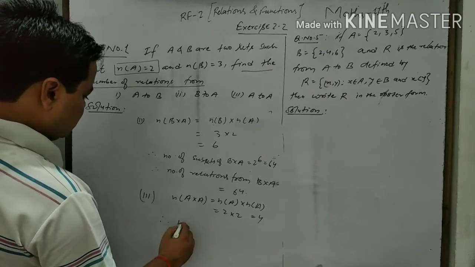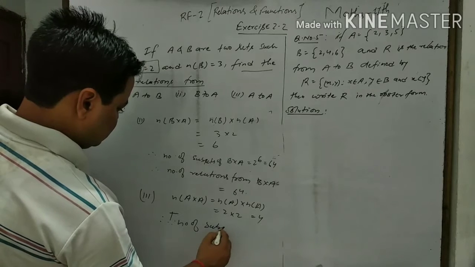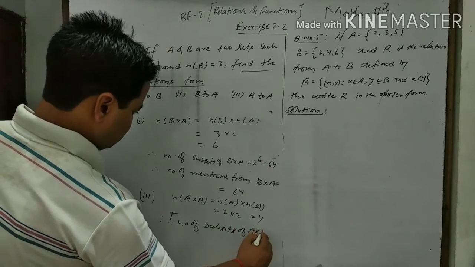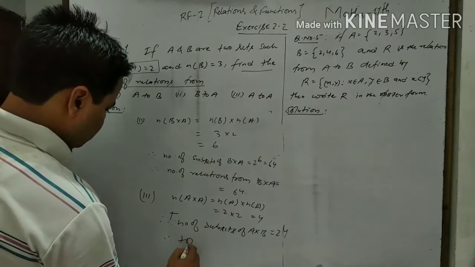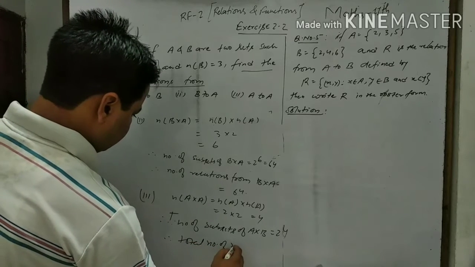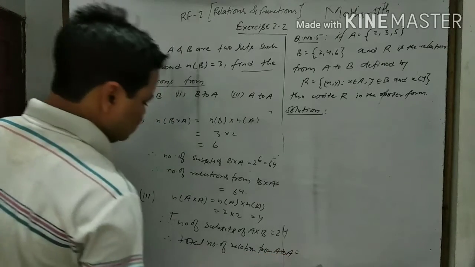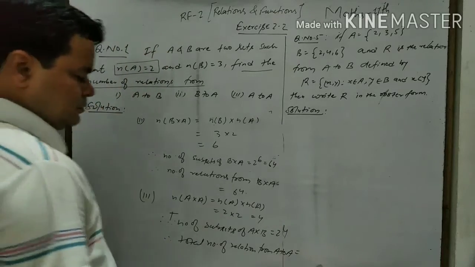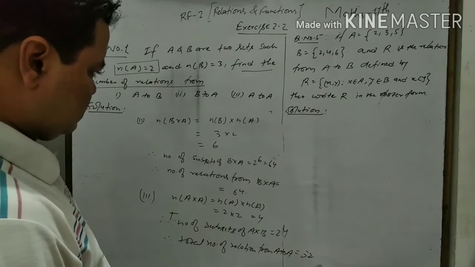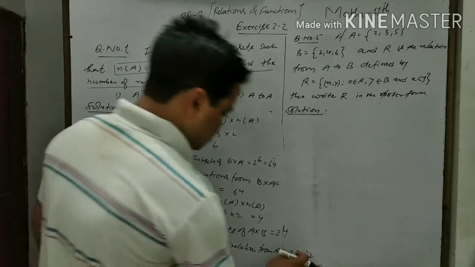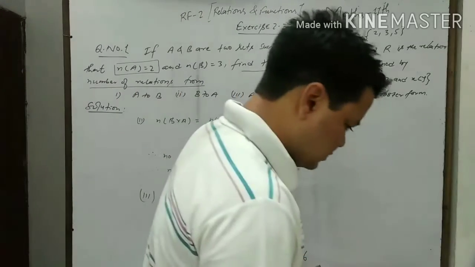Therefore the total number of subsets of A cross A is 2 to the power 4, not 32, that is 16. Okay, so here it will be 16. In this way we can solve this question.